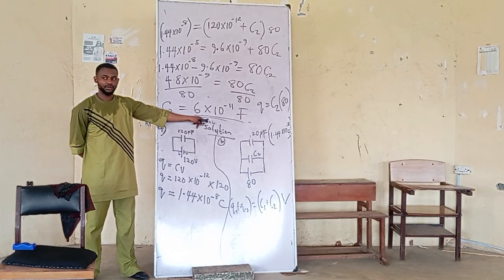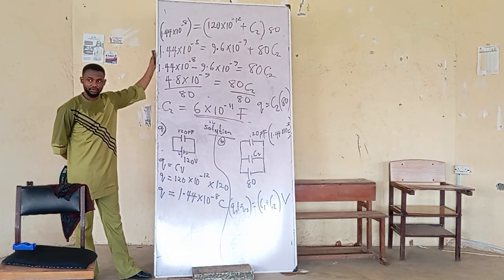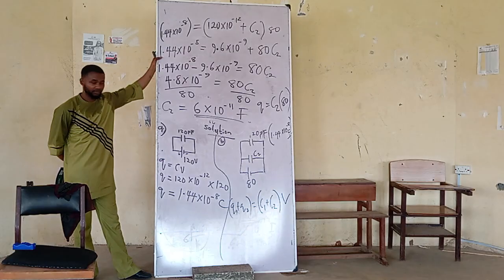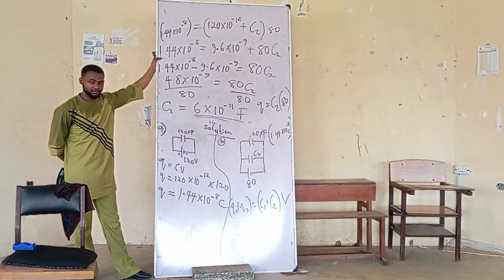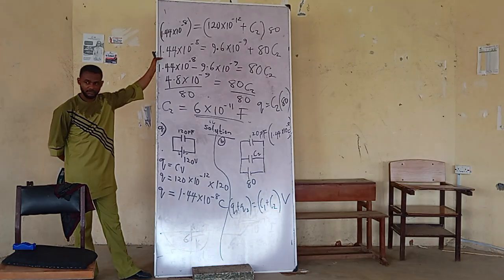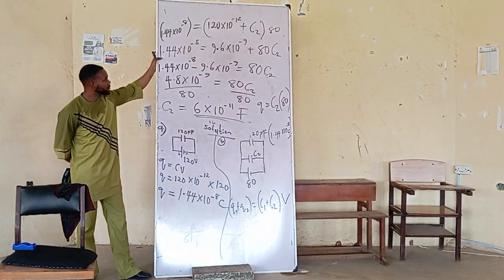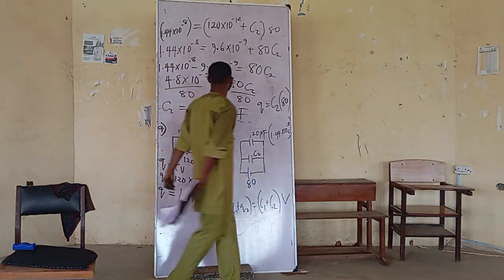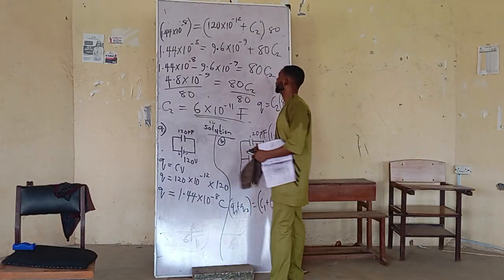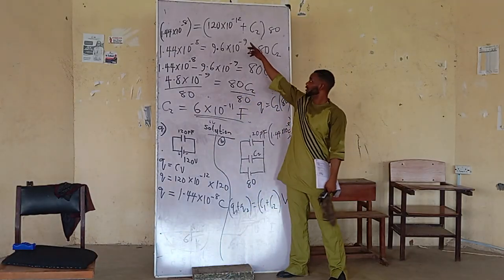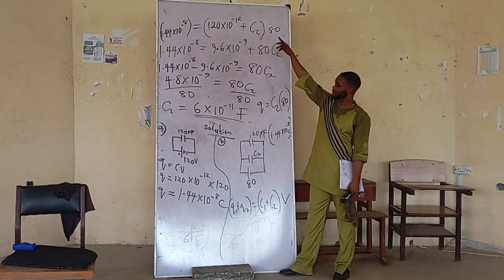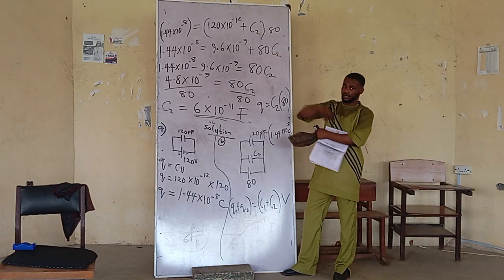If we convert it to 60 times 10, that is 6 times 10 to the minus 11 farad. Why is it not 12? It's 12. Now look up, you see 120 times 10 raised to power minus 12.